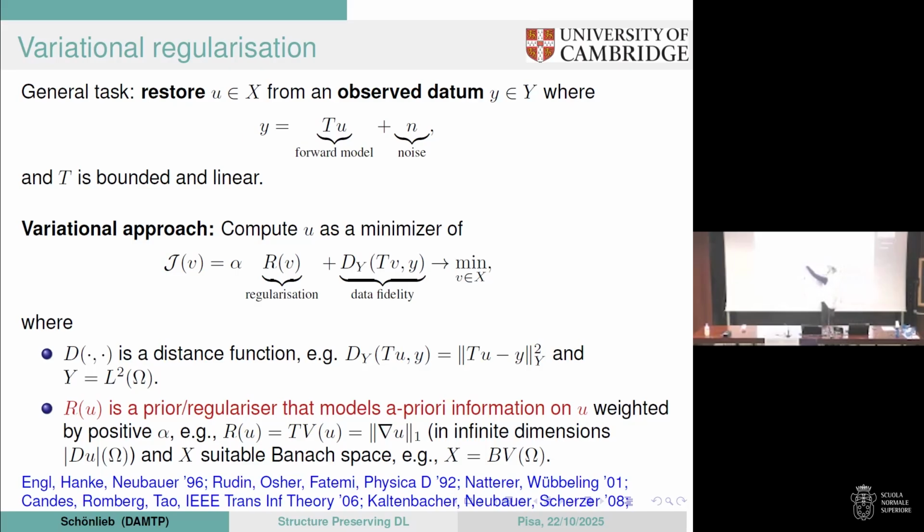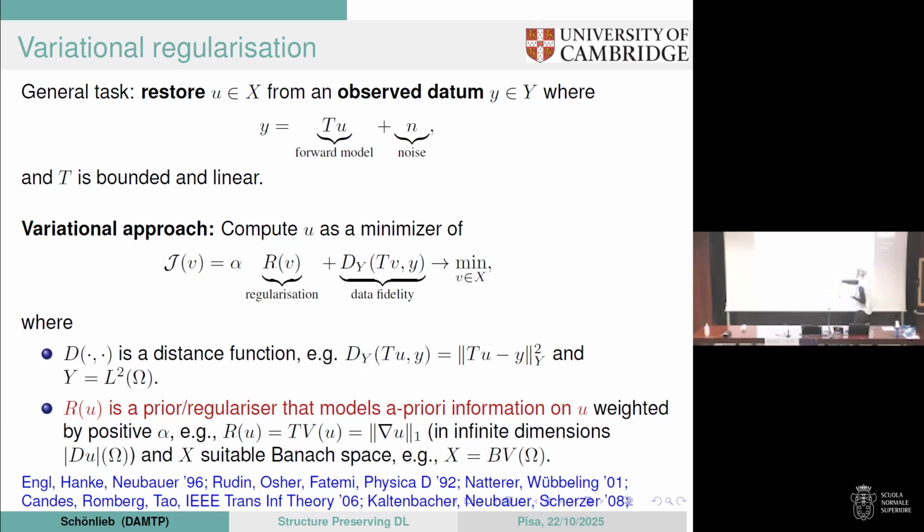This is really the term that imposes what we can think of in this talk as structural properties on the solution. And then you have a second term that is a quantification of the equation that you started out with.